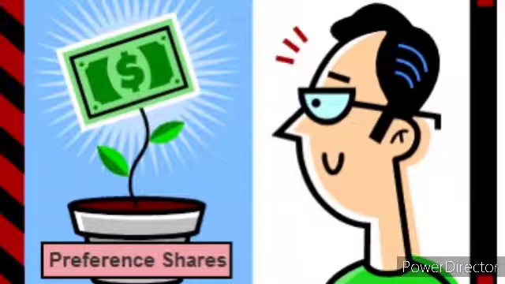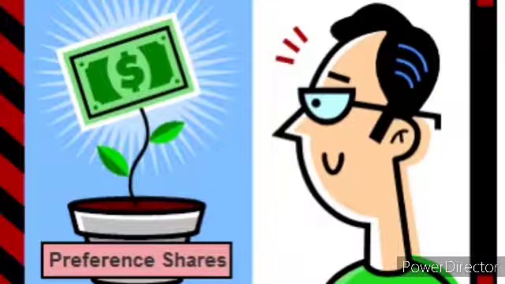When the company is in the position of winding up, the preference share capital is paid first, then the equity share capital. Next, preference shareholders do not have voting rights. And the company can issue different kinds of preference shares, like redeemable, non-redeemable, cumulative, non-cumulative, etc. So we'll study in detail about that.